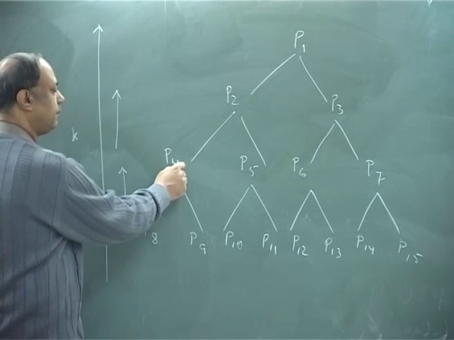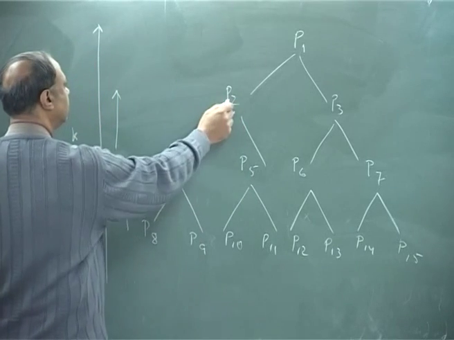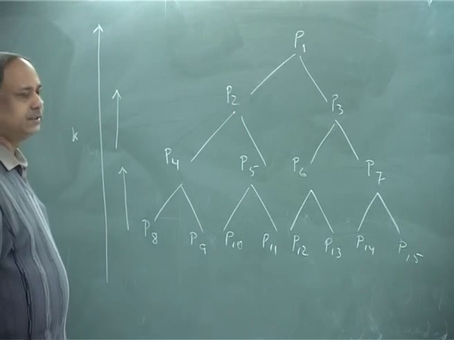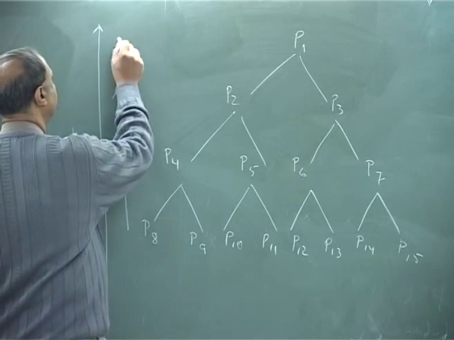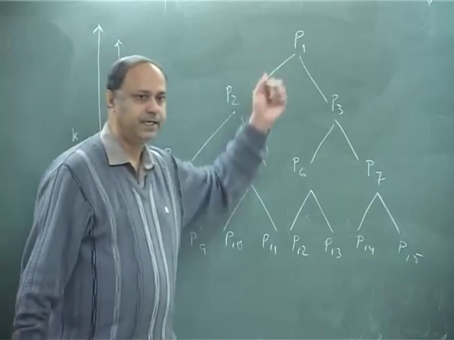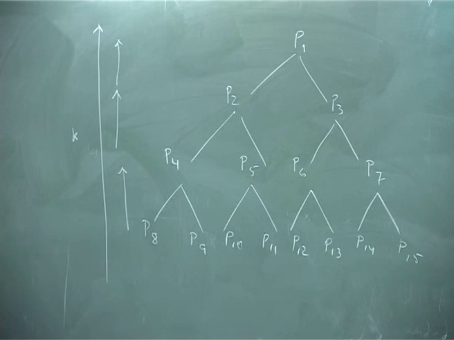So this contains sum of 3 elements, this contains sum of 3 elements and so on. So this contains the sum of 7 elements. This contains sum of 7 elements. Then you get sum of 3 elements. Okay? So what is the time complexity? Order k, which is order log n, right?